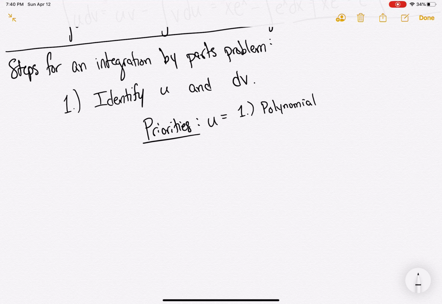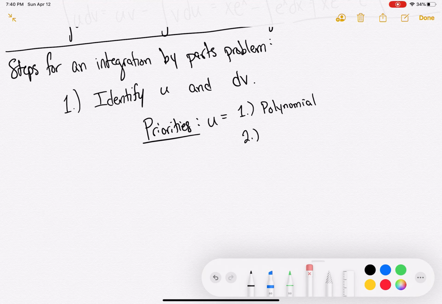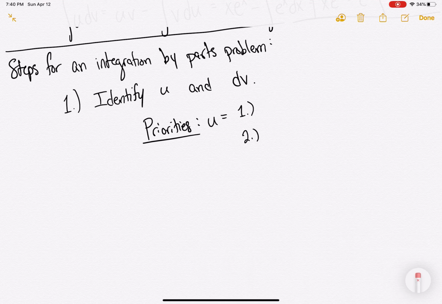So first is a polynomial, second is going to be, first is going to be, man, this is tough because some problems are one way and other problems are another way. I'm going to write it like this. So u is first going to be the natural log. Second, it's going to be a polynomial.